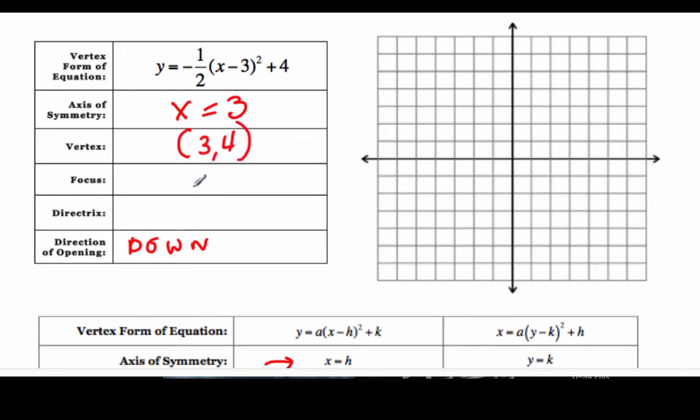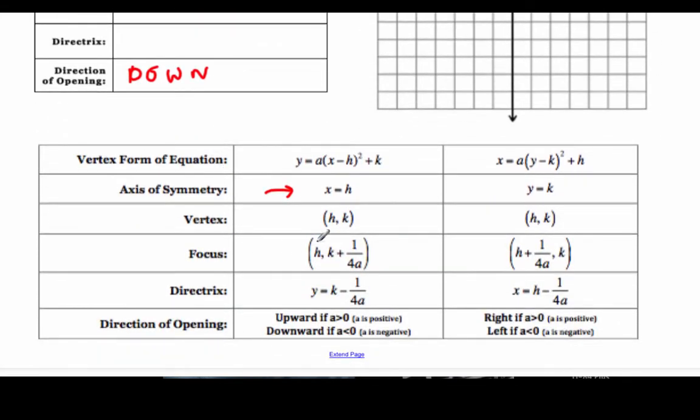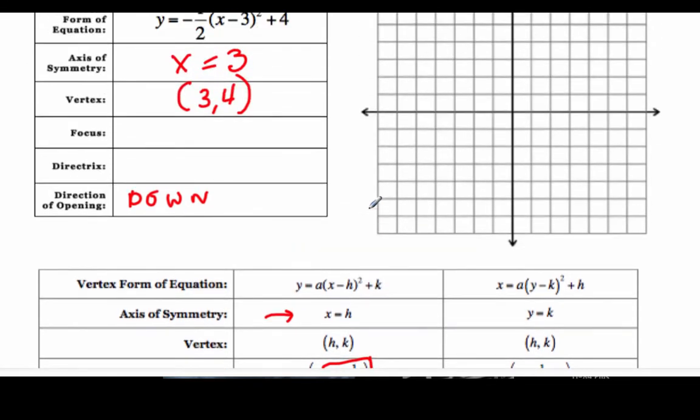Now I've got to go through and deal with the focus and the directrix. So let's scroll back down to here. From this information, it says that when we do this, you're going to take k plus 1 divided by 4a. So we're going to have to do a little bit of arithmetic here.